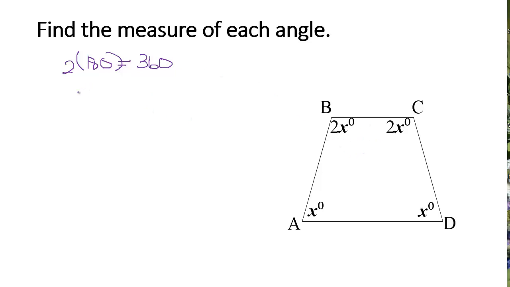That means that 2x plus 2x plus x plus x, or 2, 4, 5, 6x, has to be equal to 360 degrees. Dividing by 6, x is 60, and 2x is 120.